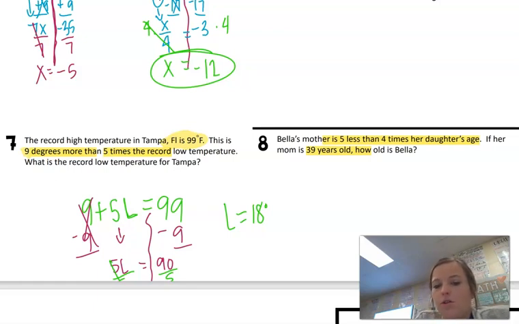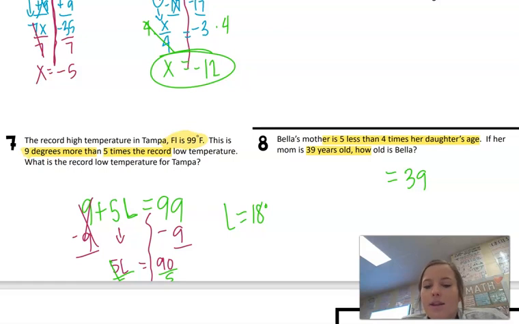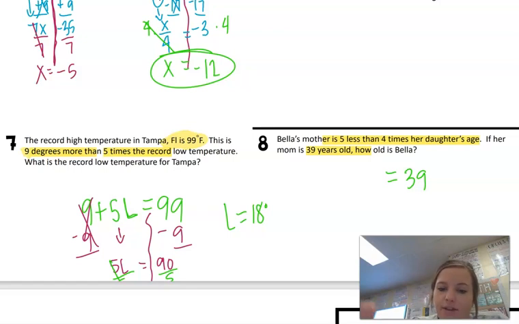So we know she's 39 years old. We know our equation is going to equal 39. Bella's mother is 5 less than 4 times her daughter's age. We're going to write it out exactly like it sounds. 5 less than 4 times her daughter's age. So 4 times her daughter's age. Do we know her daughter's age?